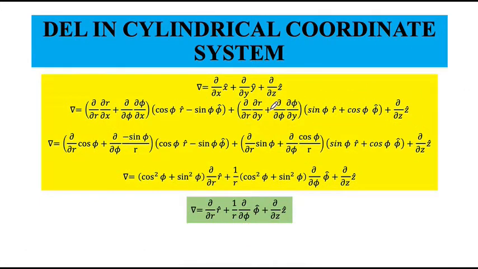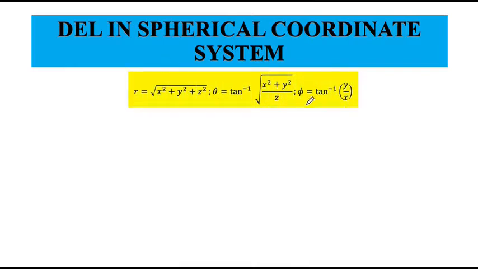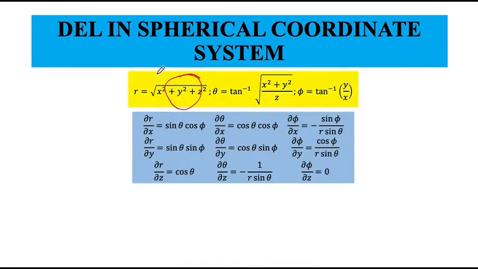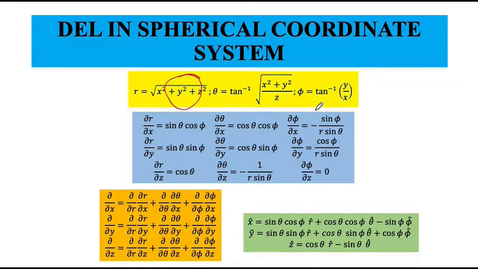Then next is del in the spherical coordinate system. Again we will define r, theta and phi in terms of Cartesian coordinates. Then we will differentiate them with respect to x, y and z, each of the terms individually. Then we will find partial differentiation of x, y and z in terms of spherical coordinates.